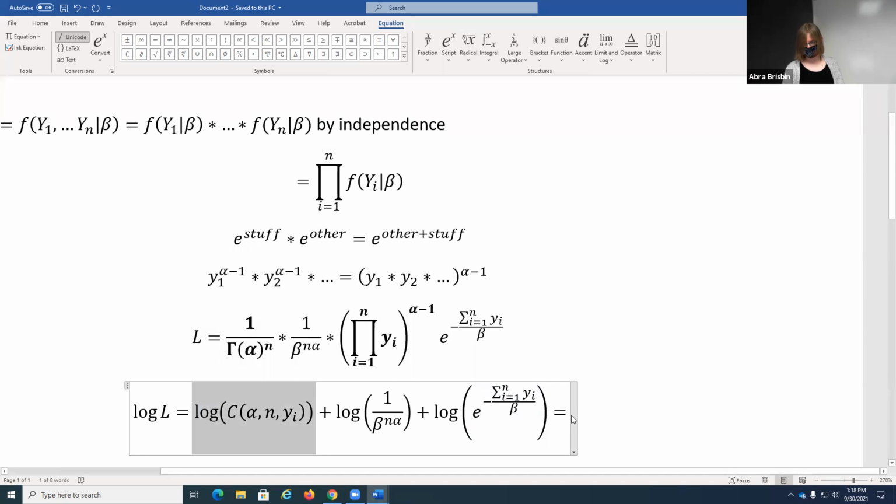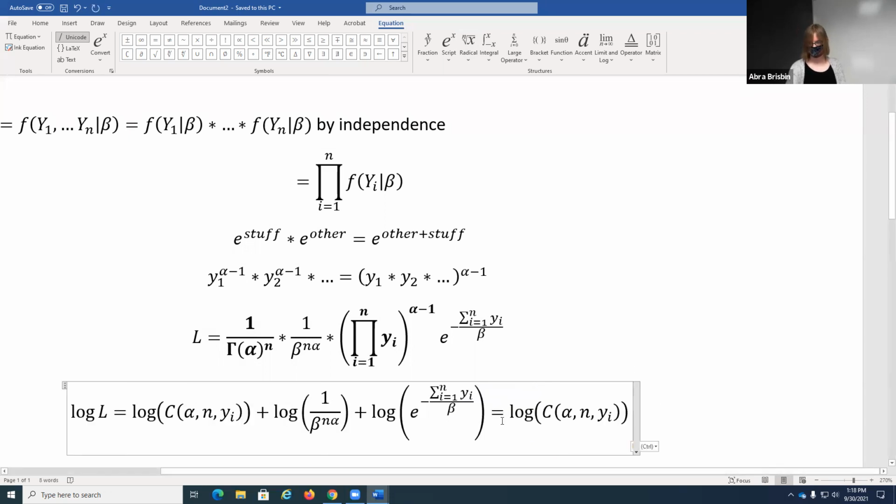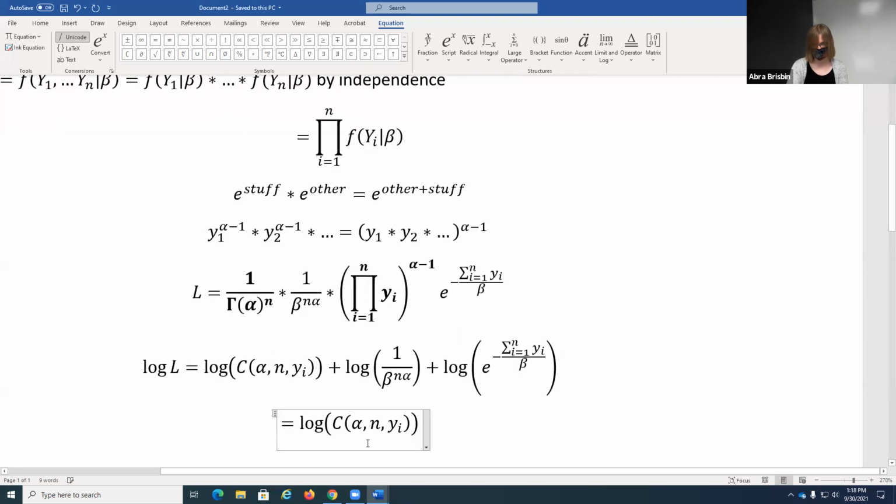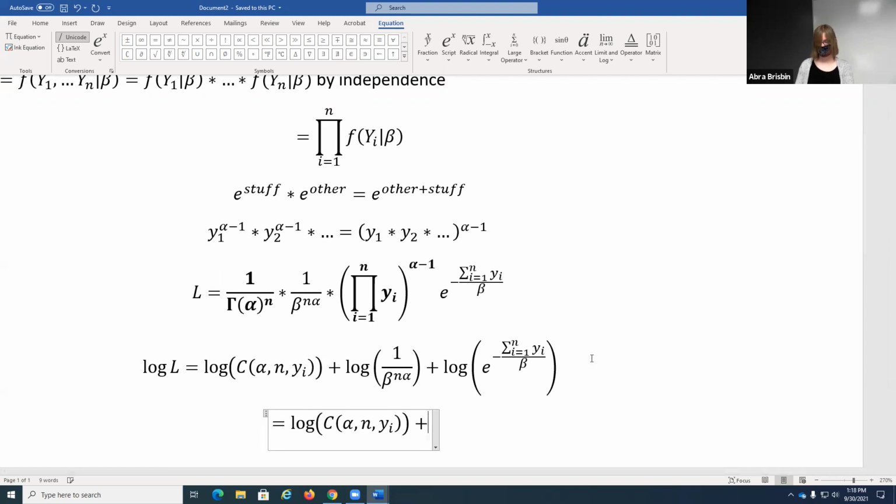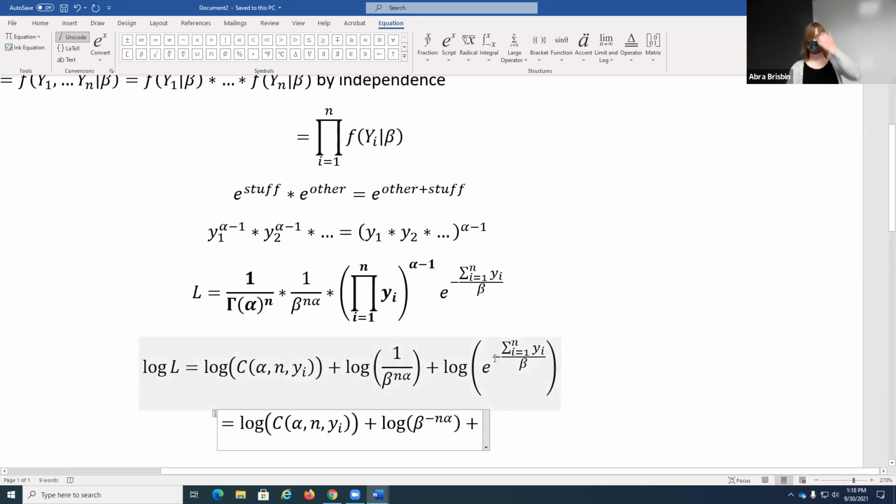All right, so we still have this log of a constant that we're not really worried about. We can rewrite the 1 over beta to the n times alpha as beta to the negative n times alpha. And then the log of e raised to a power is just that power.